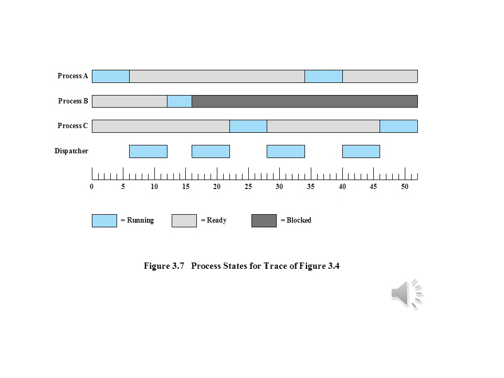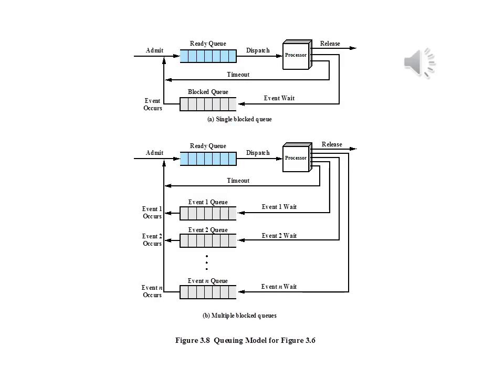Let's return to our simple example. The figure on this slide will show the transitions that our three processes will have, assuming now that we have the three states of ready, running, and blocked. The figure on this slide suggests the way in which a queuing discipline might be implemented with two queues, a ready queue and a blocked queue.